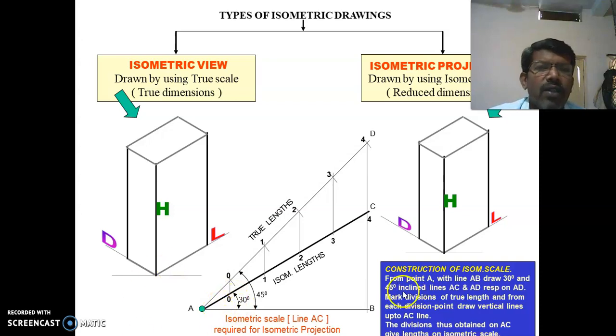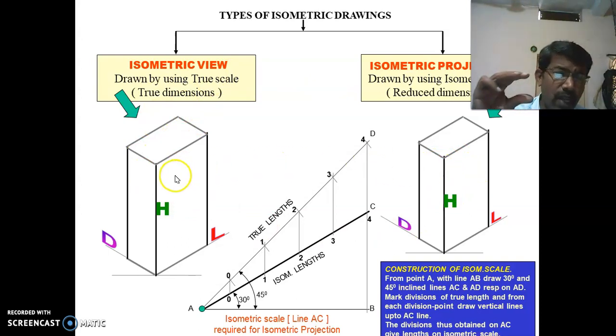Then you can see the pictorial views. The pictorial views of isometric view and isometric projection are one and the same, but as per looking in nature, the isometric projection is a little bit smaller than the isometric view.